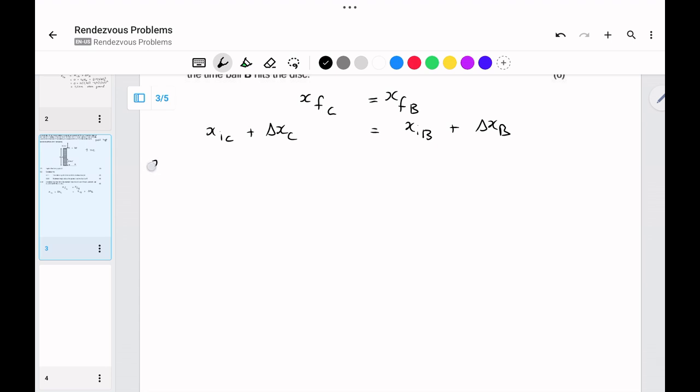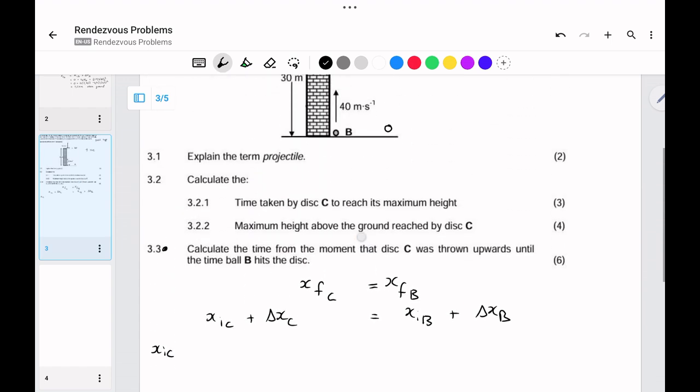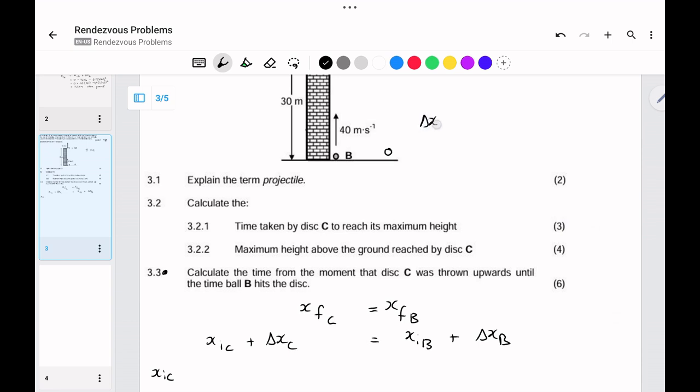So then I can write, I'm going to use now the equation for displacement.